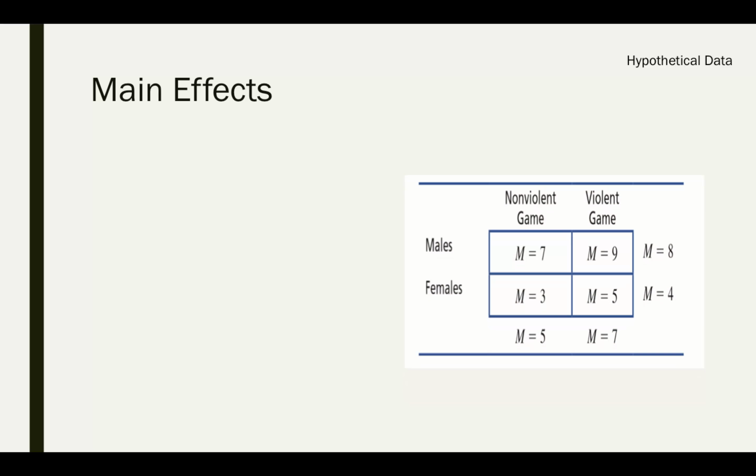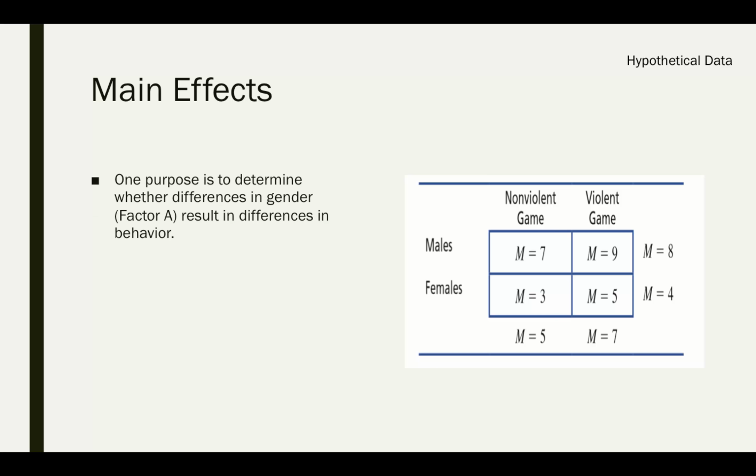Okay, so another really important term to remember besides interaction is something called main effects. A main effect is really just looking at the mean differences. So one purpose for this study is to determine whether differences in gender, which would be factor A, result in differences in behavior.